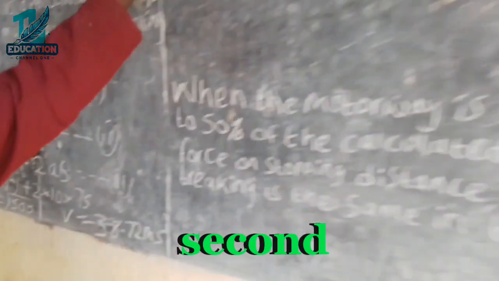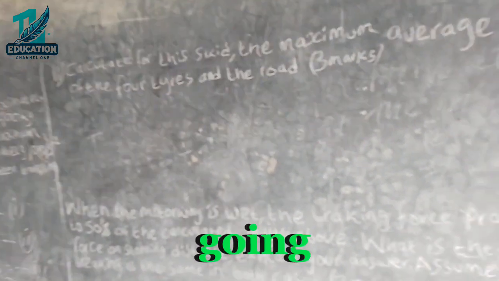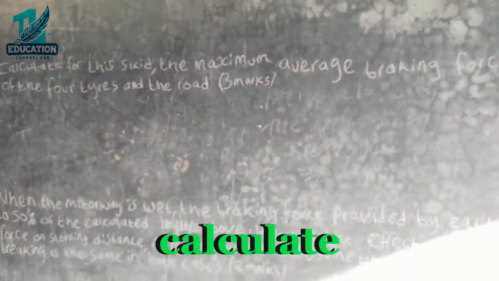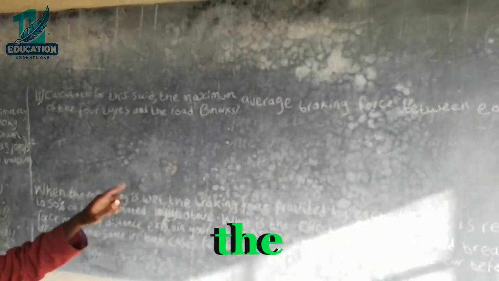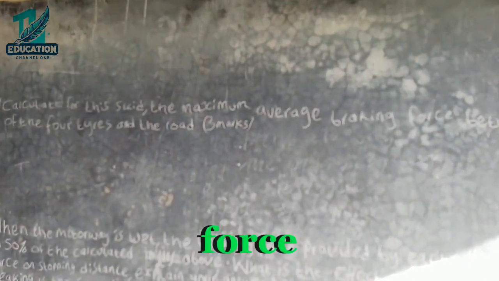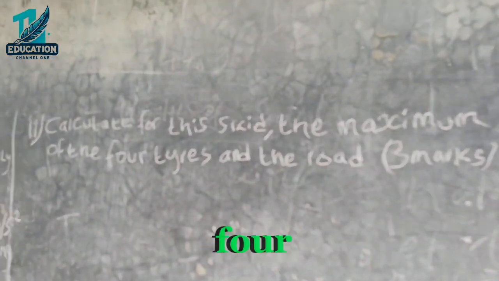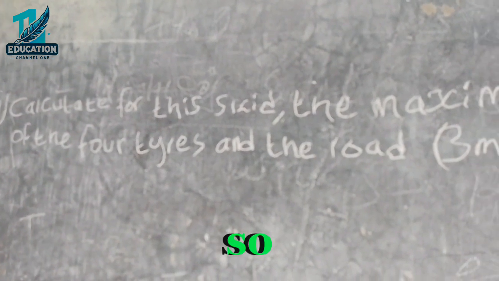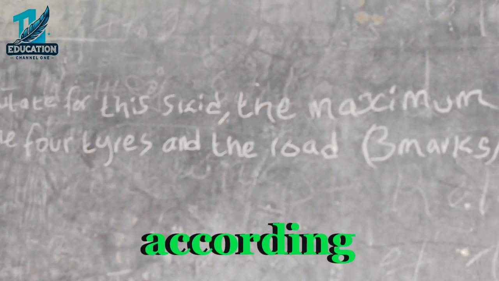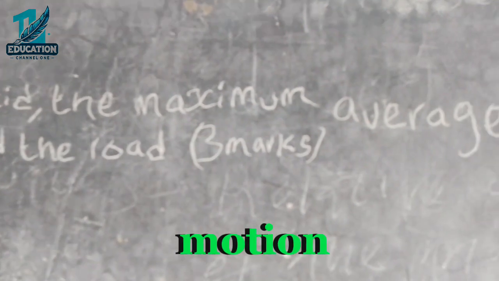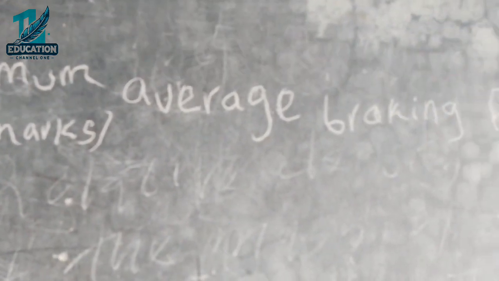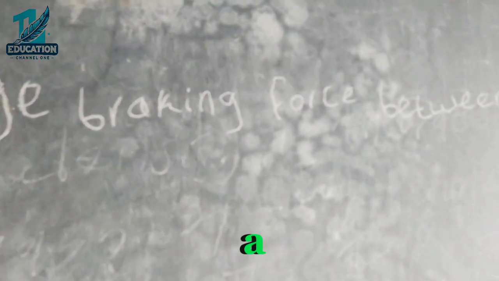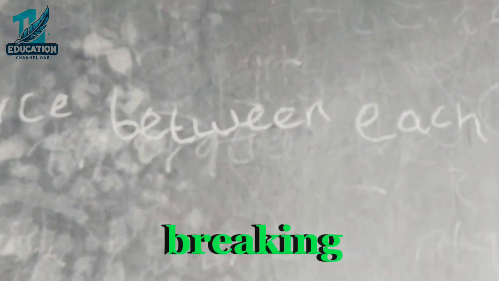For the second question, we are told to calculate for this skid the maximum average braking force between each of the 4 tires. So according to Newton's second law of motion, we know F is equal to ma, and we are finding the braking force.